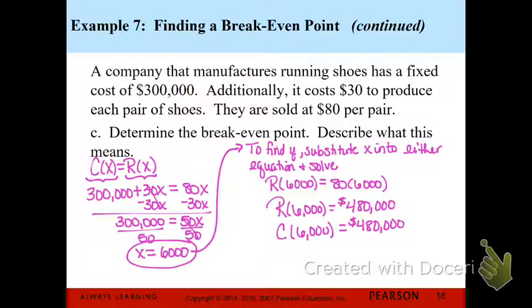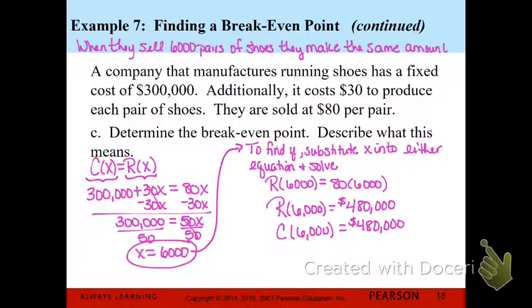Okay, so when they sell 6,000 pairs of shoes, they make the same amount that it cost them, which is what number? 480,000. All right. What else does that mean?